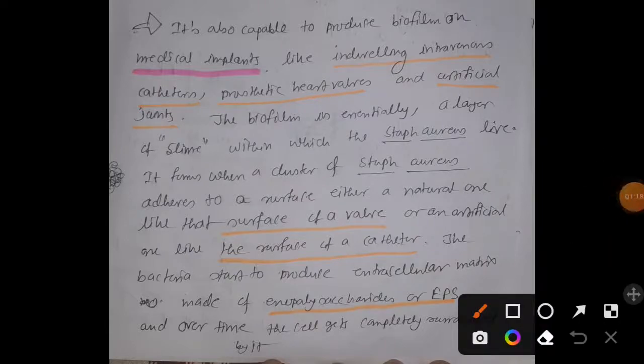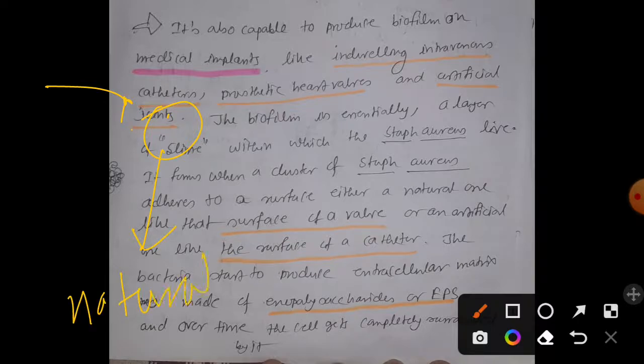Now the question is how this biofilm is produced. First of all, a cluster of Staphylococcus aureus bacteria will adhere to a surface. That surface may be natural, for example heart valves, or the surface may be artificial.